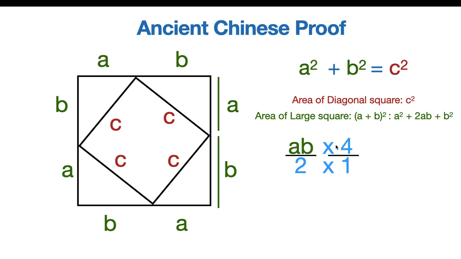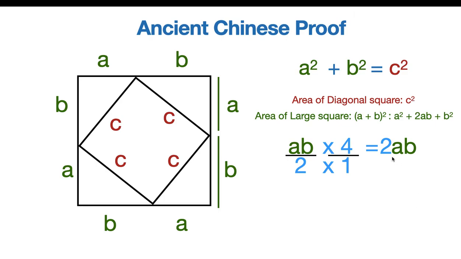So you would have 4ab over 2. And we can simplify this since both have a common factor of 2. So 4 would go to 2 and 2 can be 1, because you can divide the numerator and denominator by 2. So we would have 2ab. And you probably don't see the 1 because it doesn't matter. That's 2ab over 1, which is 2ab.